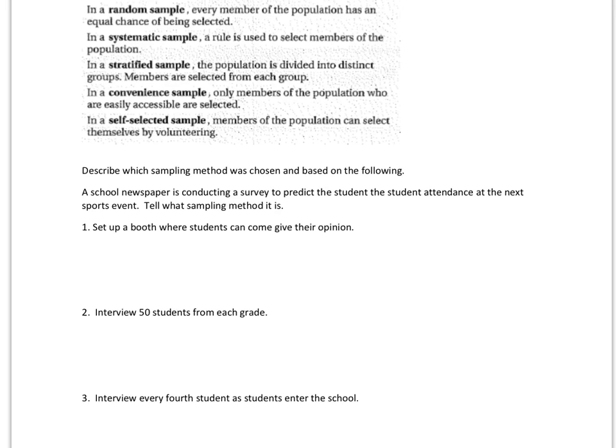This says, describe which sampling method was chosen based on the following. A school newspaper conducting a survey to predict the student attendance at the next sports event. Tell what sampling method it is.